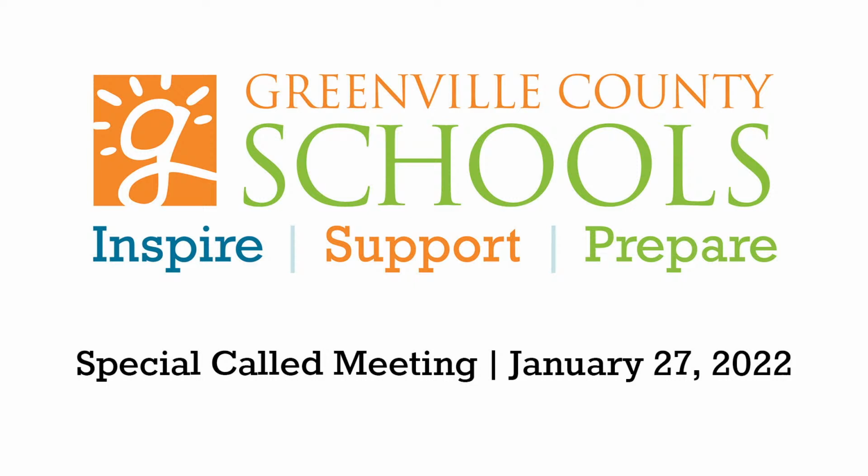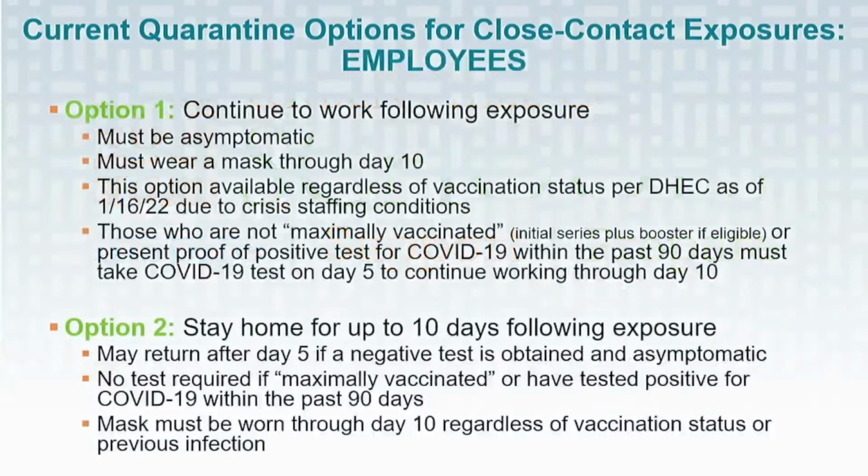Right now, if you're a teacher and you were exposed to someone with COVID, you didn't mean you have it, you were exposed to someone, you could come to work, and as long as you wore a mask, you could be at work every day.